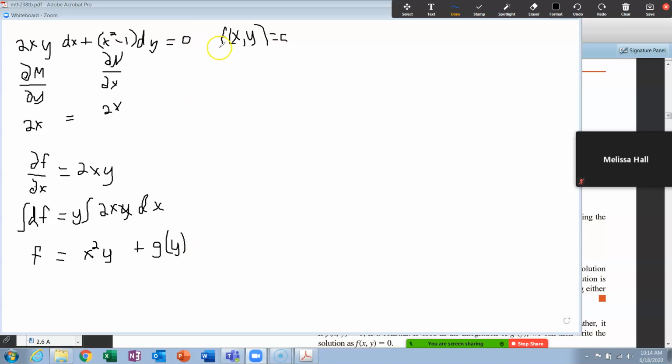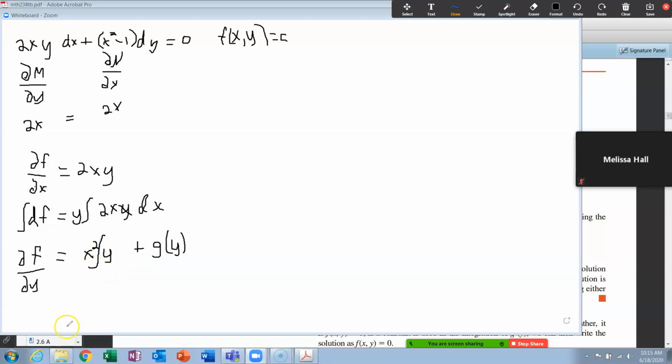Well, we also know that the partial of f with respect to y has got to be this N right here. So let's do that. Let's take the partial of this with respect to y, which is also taking the partial of this with respect to y.